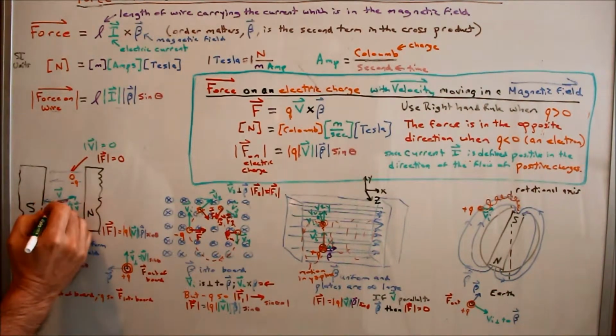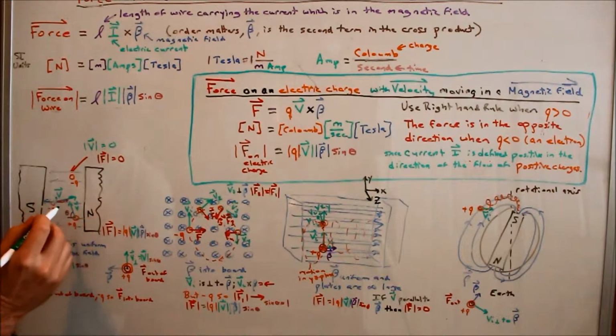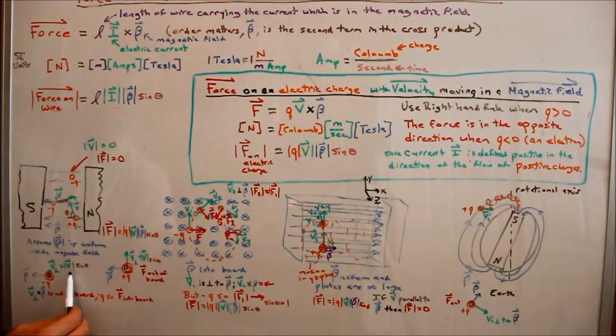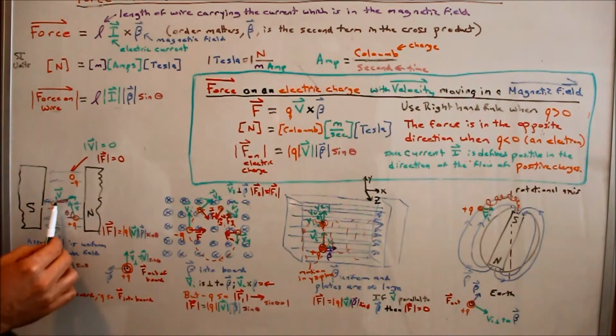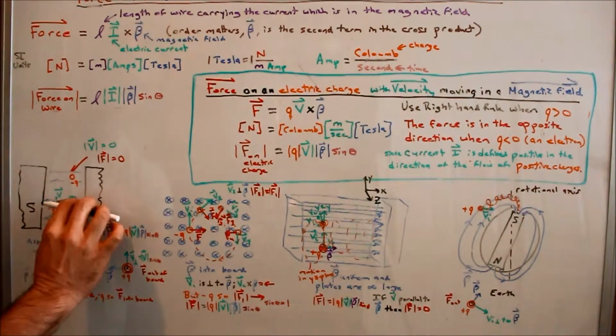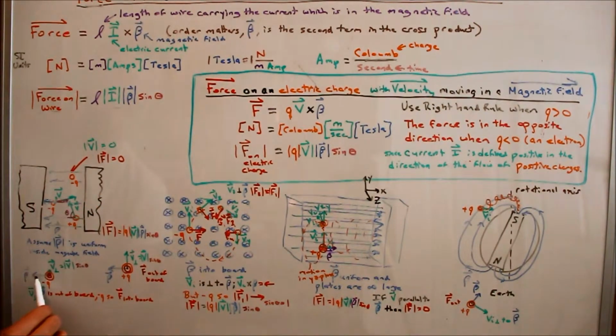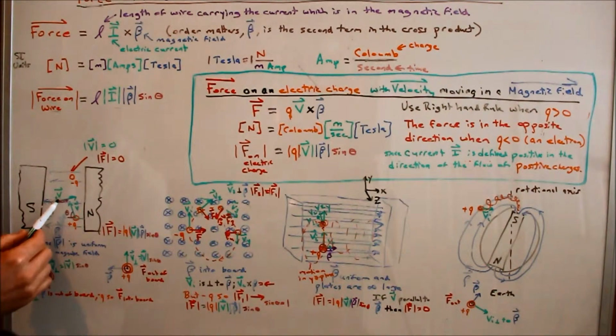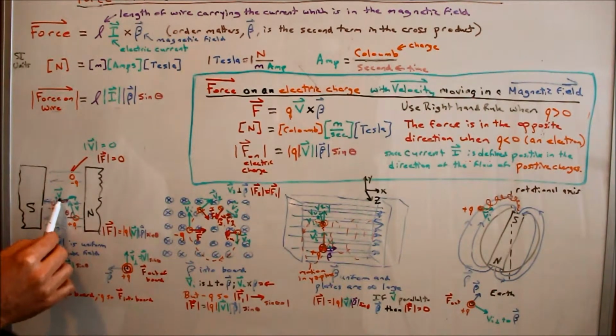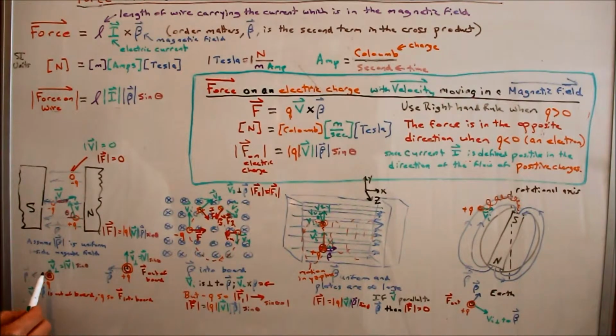So this parallel component doesn't matter. All that really affects this is the perpendicular component, which is the velocity times the sine of theta, where theta is the smallest angle between the directionality of the magnetic field and the directionality of this velocity. So I draw a small perpendicular velocity going upward here.